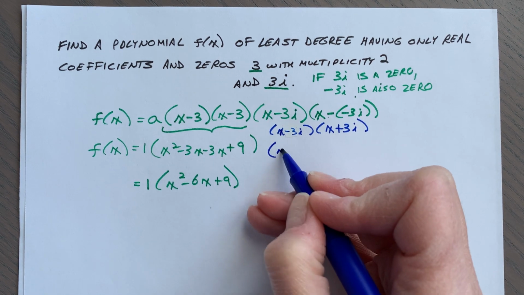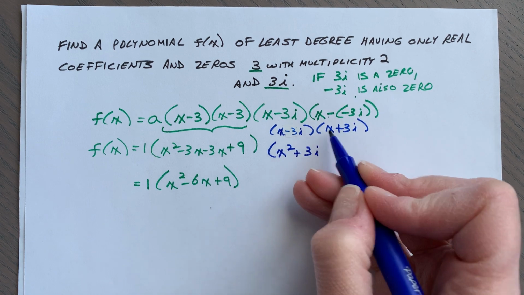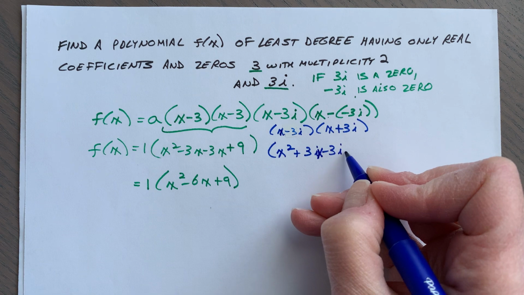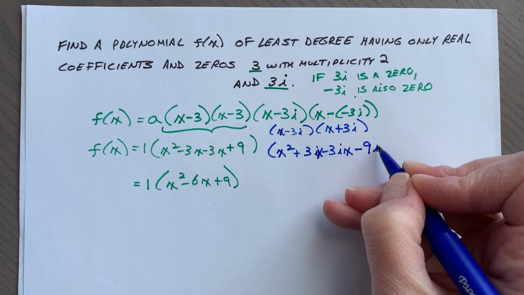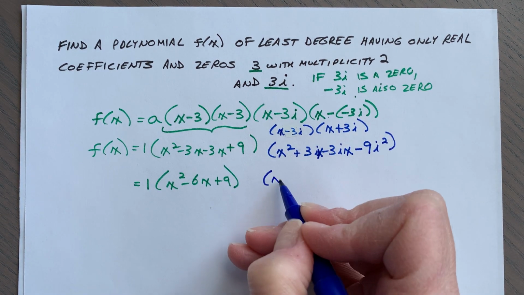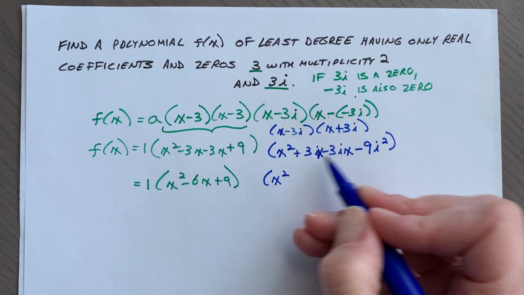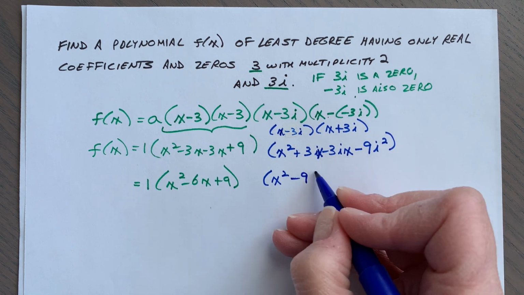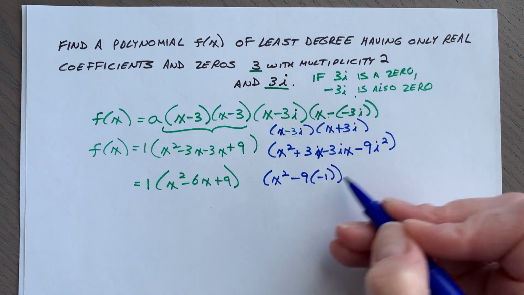So x times x, x times positive 3i, then negative 3i times x, and negative 3i times positive 3i, that's negative 9i squared. So let's simplify this factor. We have x squared, then we have positive 3ix minus 3ix, so that's no x's. And then we have minus 9 times i squared. We'll always replace i squared with negative 1, right? That's the simplification there.